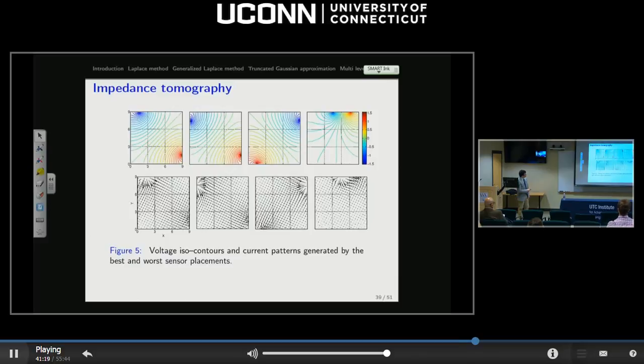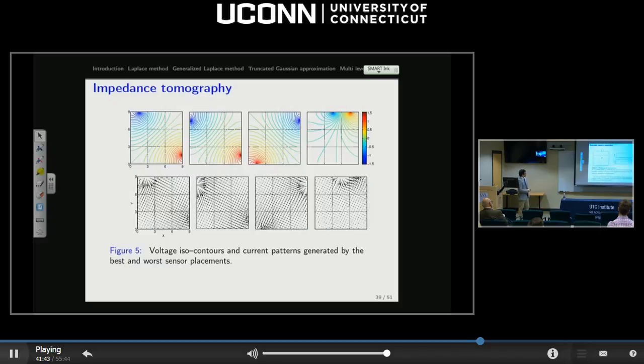They're very similar. But in this case, you put the electrodes on the wrong diagonal, right? And in this case, you just get very local information. You put two electrodes at the corner, and the electricity is almost zero in most of the domain.